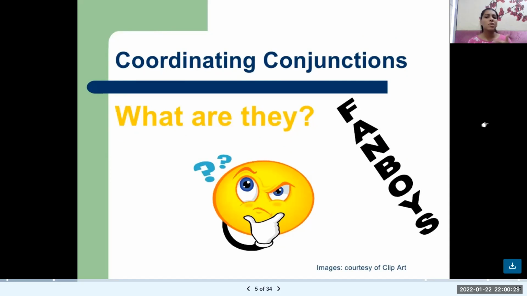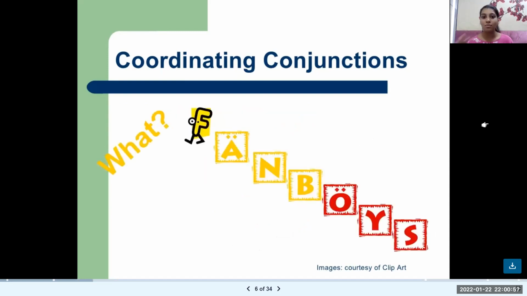And you must be seeing something written on the slide called FANBOYS. What is it exactly? Well, the word FANBOYS is actually an abbreviation so that you can remember those words by associating them with this. So let us open up the words and see what every letter stands for, right? Okay, so FANBOYS.